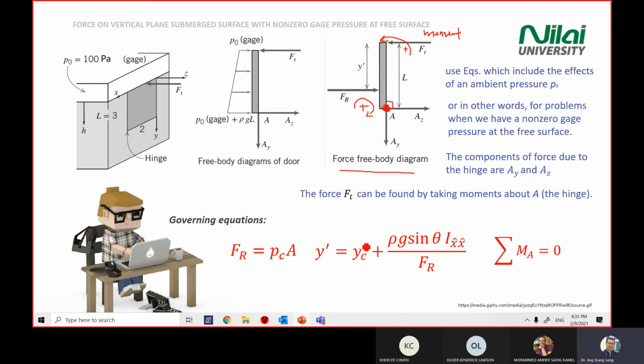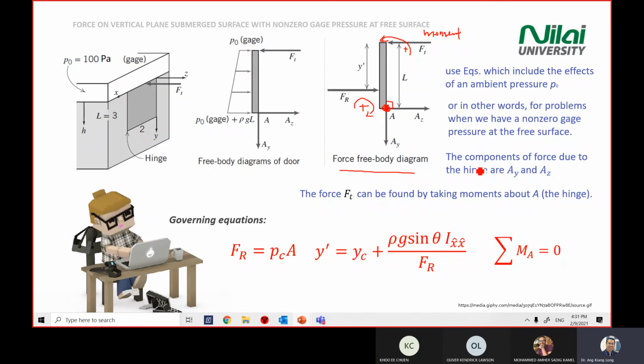We use Y prime equals Yc plus rho g sine theta Ixx. And another one is maybe a hidden equation, but we expect you to know once you develop your free body diagram. You have a force and a distance, then always remind yourself the question is trying to ask you the moment along A.